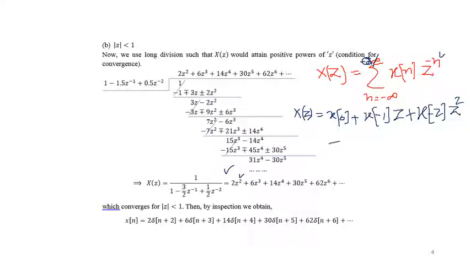Then I have x of minus 3, so we have z of 3. Then x of minus 4, z of 4, and so on up to minus infinity.